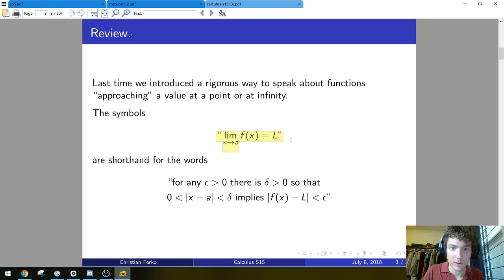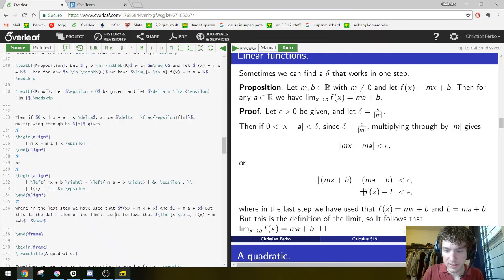So whenever you claim you have proven this symbol, limit x approaches a of f of x equals L, that's really just shorthand for this sentence. So all I'm saying in this last step is we have now proven that that long sentence holds, that this implies this, and therefore the limit exists because this last expression is just shorthand for that sentence.